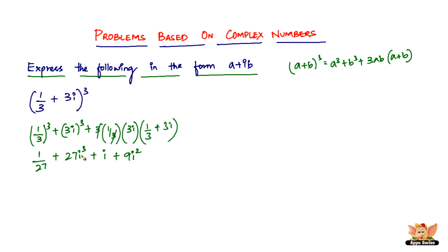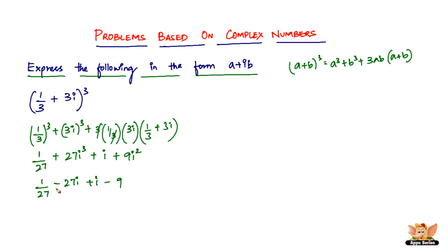And we know that i cube is minus i, so 1 by 27 minus i times 27 is minus 27i plus i, and we know that i square is minus 1, so minus 1 into 9 is minus 9. So solving this, we have 1 by 27 minus 9.